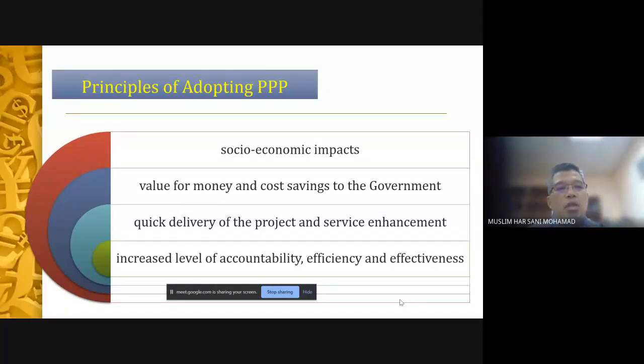I think the only public service is the building, and the service of the doctors and the nurses, but the rest are all managed by the private sector. So that's the level of partnership. Increased level of accountability, efficiency, and effectiveness. Of course they have to develop the accountability mechanisms. So with the right contracts, scope, and enforcement, they can achieve efficiency and effectiveness.